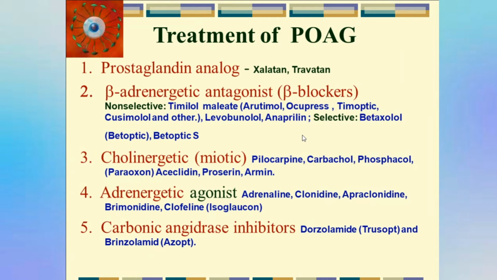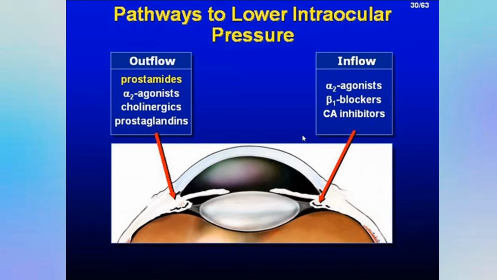Beta blockers we can use. It's also first line treatment for glaucoma. Usually we use timolol 0.5%. We can also, but rarely, use miotic drugs, adrenergic agonists, and carbonic anhydrase inhibitors.